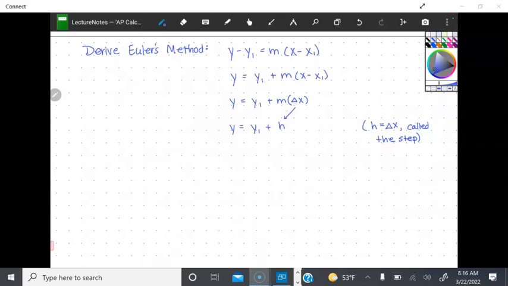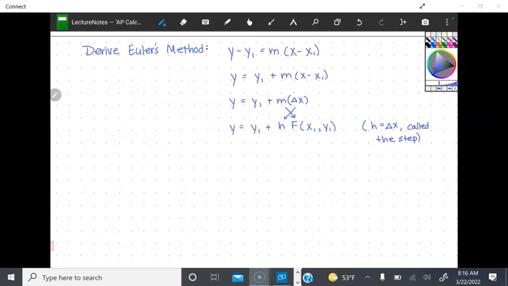And then m, derivative, slope, rate of change. It's our derivative. And now we're going to use that notation I gave you with the capital F. And this is at that point x1, y1. And that's actually pretty much it.